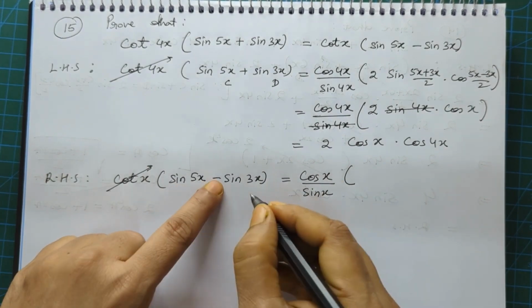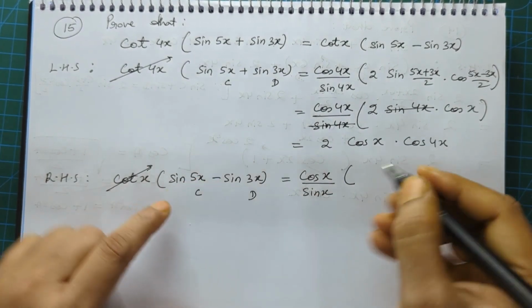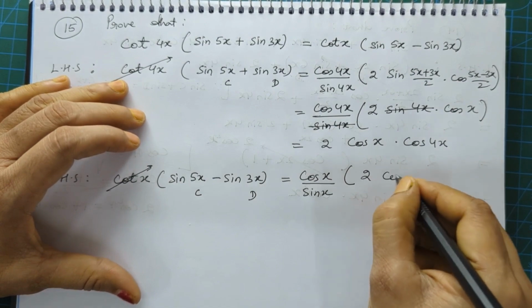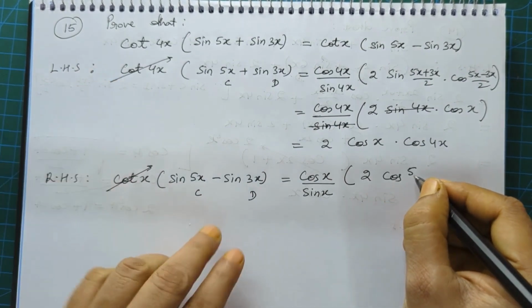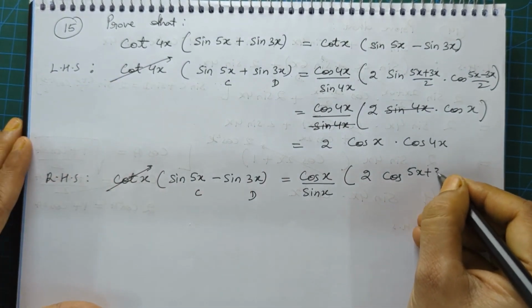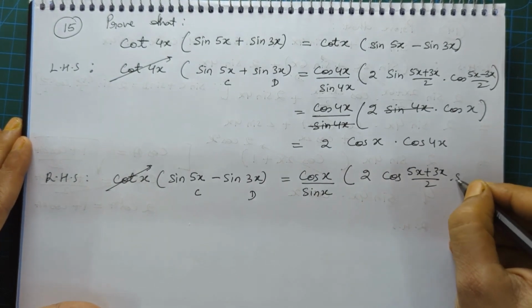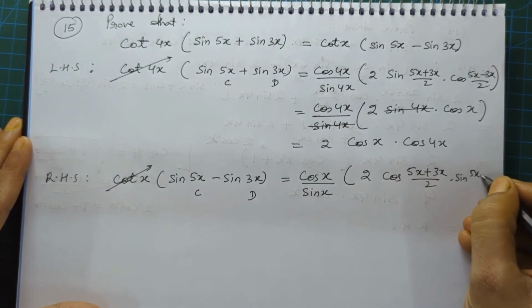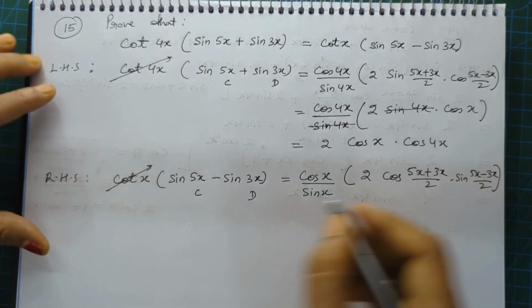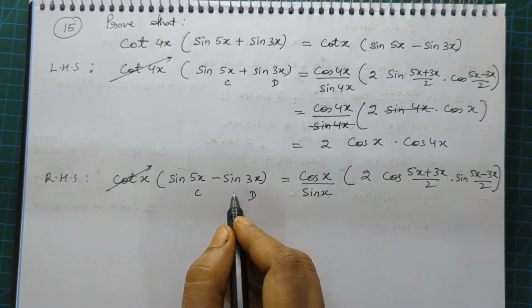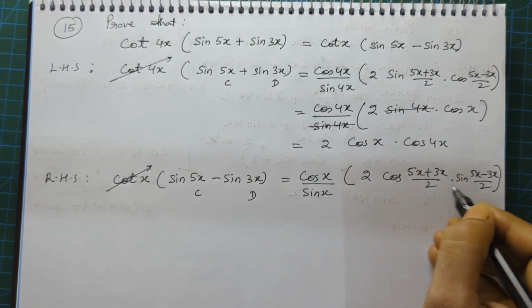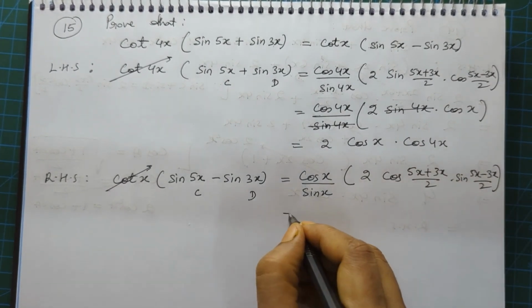Sin c minus sin d. Sin c minus sin d is twice cos of c plus d by 2 times sin of c minus d by 2. So we use the sin c minus sin d identity, which is 2 cos c plus d by 2 times sin c minus d by 2.